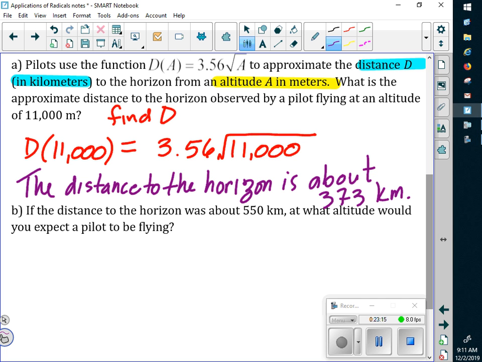Almost. Do I know D or do I know A in this question? I know D. Yep. Times the square root of... No, hang on. The square root of the altitude in meters, and I'm looking for altitude, right?